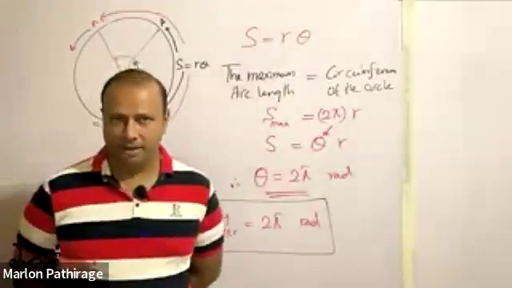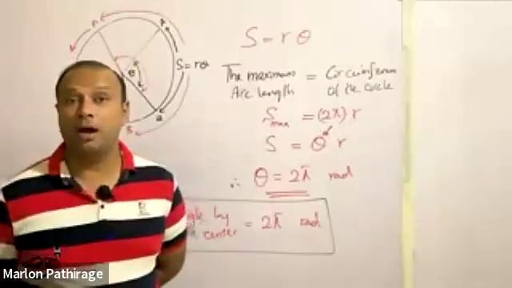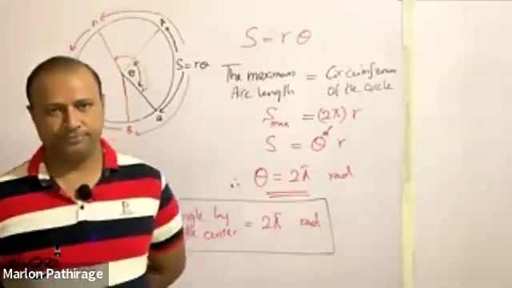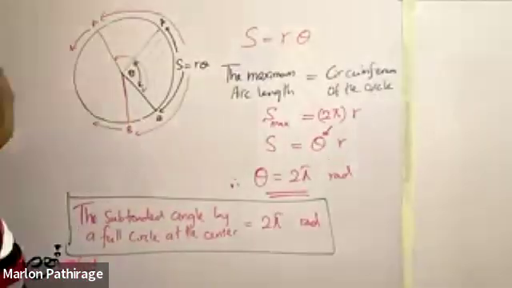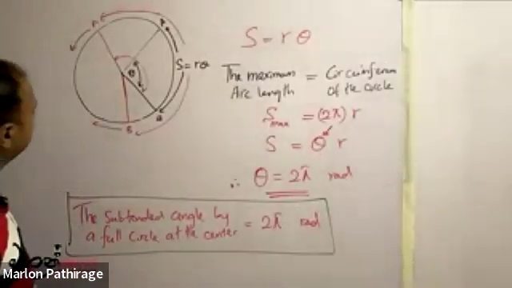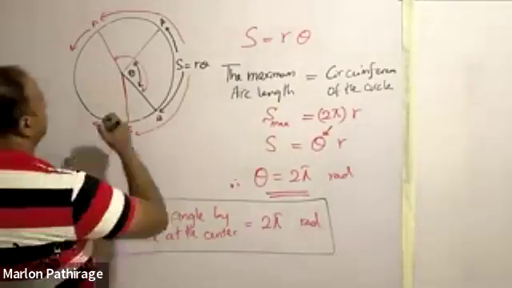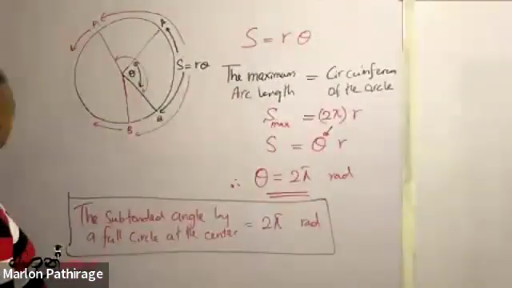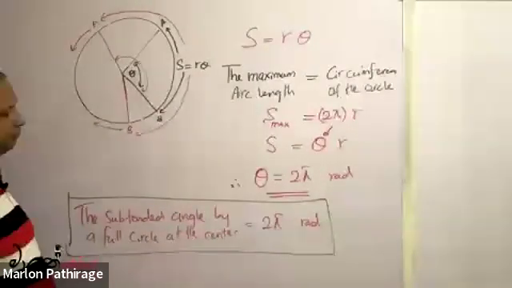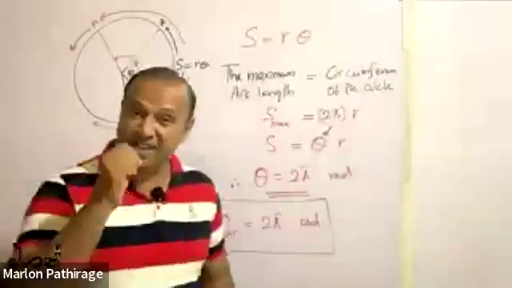The maximum arc length of a circle is equal to its circumference.